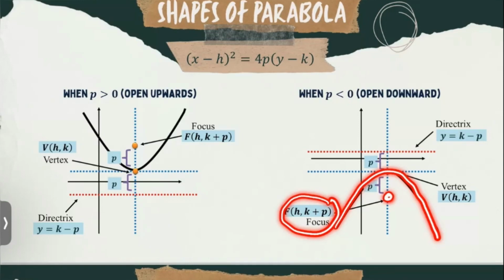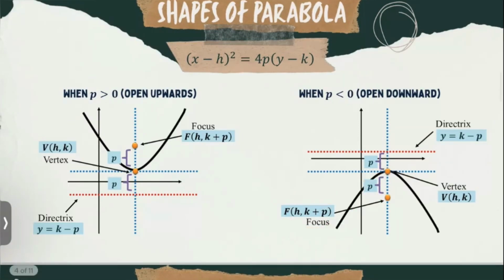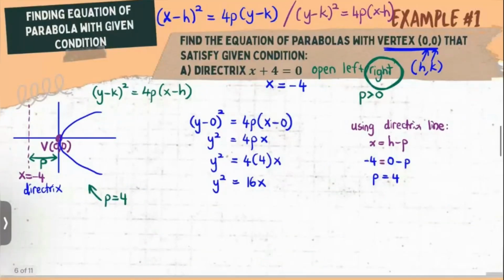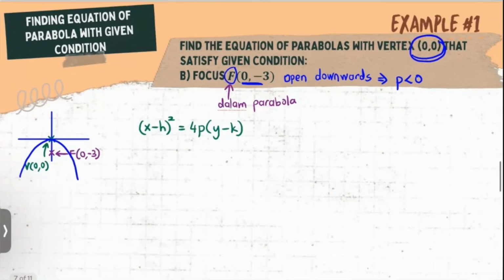H, k plus p. Okay, so kita comparekan dia. So, saya try compare focus punya formula. Focus adalah h, k plus p. Kita comparekan dia dengan our coordinate of focus adalah 0, -3.